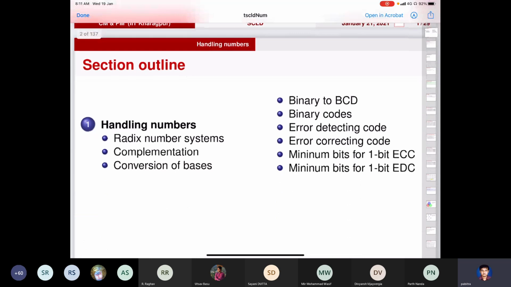We'll do the following. We'll first start with something you already know, which is the Boolean number system, including operations like complementation and arithmetic operations. Then we'll look at some other representations of numbers which you haven't studied so far, but which are very useful in various types of digital systems.